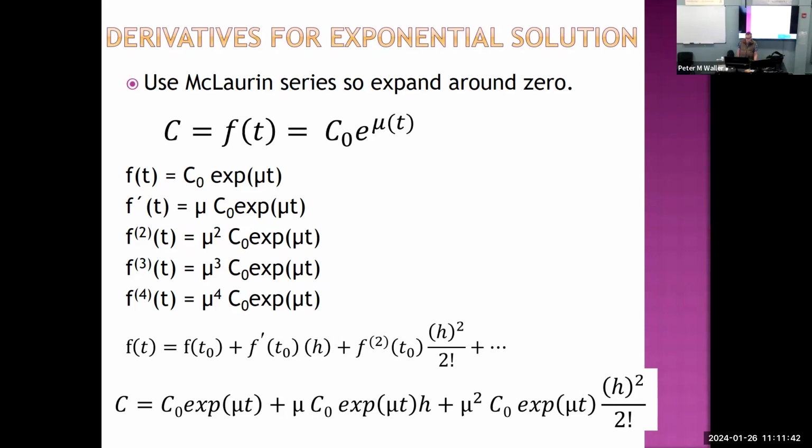And what we're going to do is substitute in for the function and the derivative and the second derivative. We're going to substitute in these values, and we're going to use the Maclaurin series to expand around 0, and e to the 0 is 1. So the nice thing is we can get rid of all these e to the mu t's.